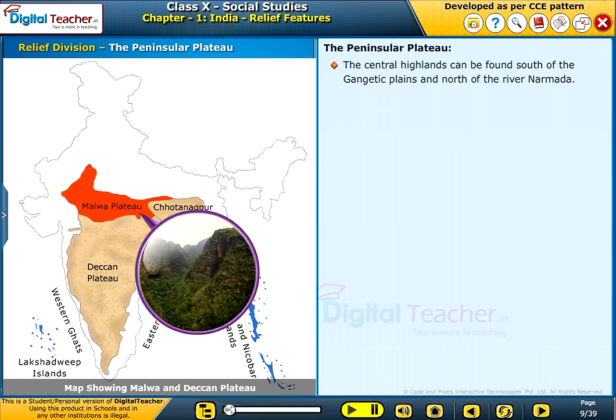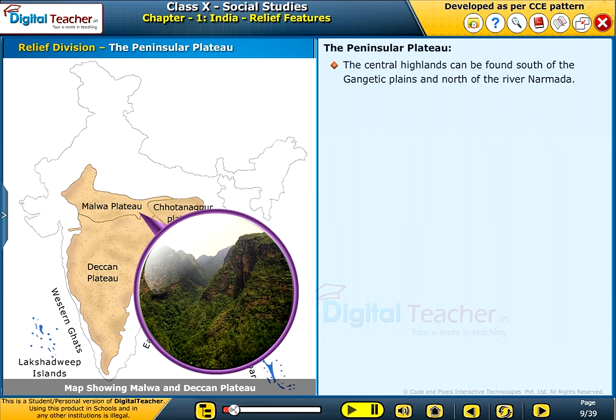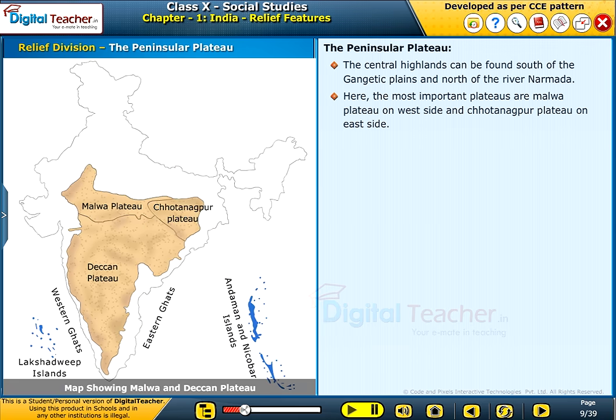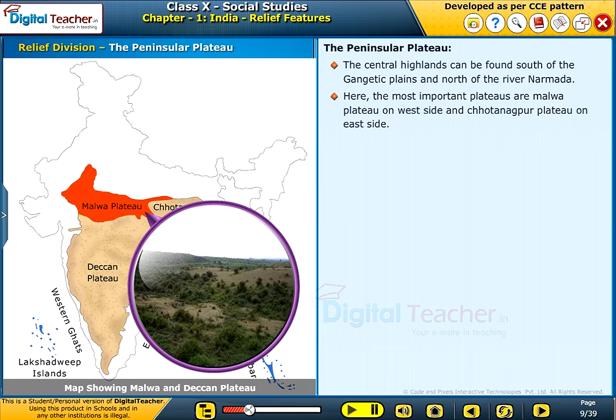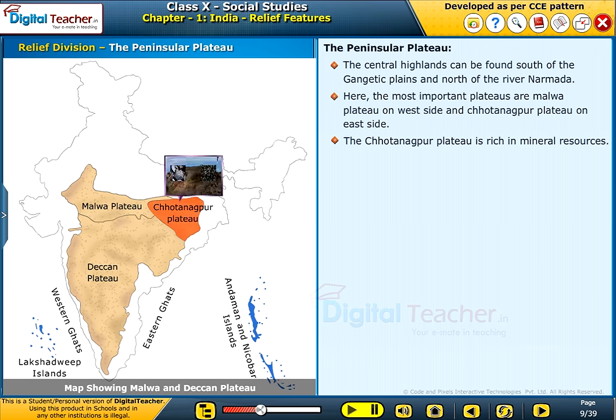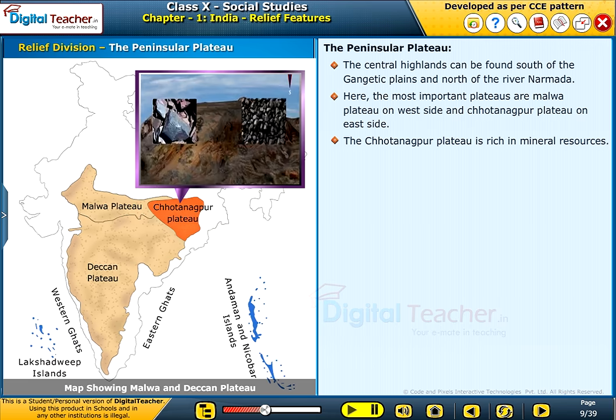The Central Highlands can be found south of the Gangetic plains and north of the river Narmada. Here, the most important plateaus are Malwa Plateau on west side and Chota Nagpur Plateau on east side. The Chota Nagpur Plateau is rich in mineral resources.